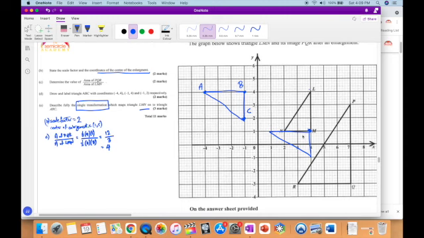So I could rotate it about this point first, and then I could translate it up like that and translate it so like that, right? So there are many ways that you could move something, but they don't want that. They want a single transformation. That means one transformation that does the entire job.